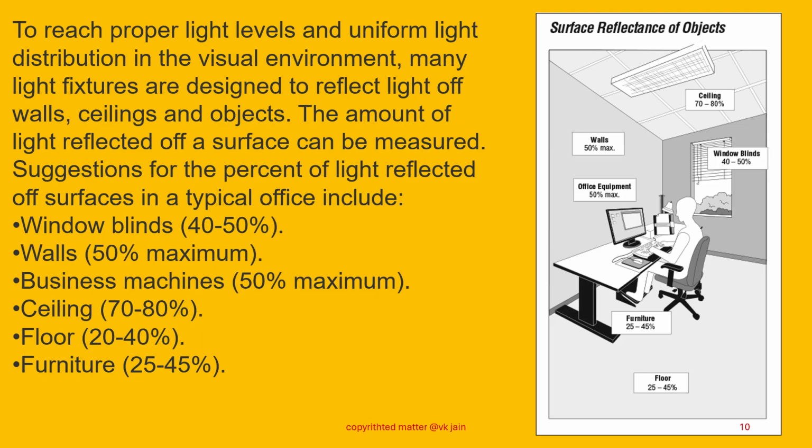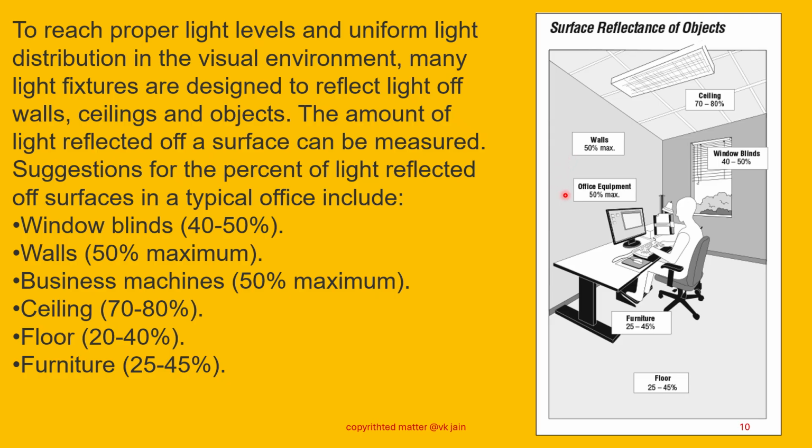Friends, we are now discussing surface reflectance of objects in an ideal office. As shown in the diagram on the right-hand side, the ceiling should preferably have 80 to 90% reflectance and walls could be 50% maximum.